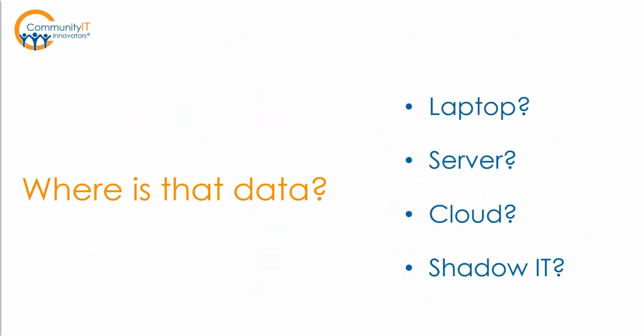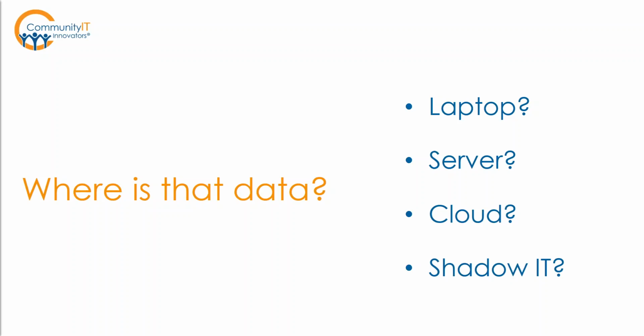Right. So it's not just what kinds of data are we keeping track of, but also where that data is stored. And I think in a perfect world, the data is either in a cloud service that is owned and managed by the organization, or on a server that is owned and operated by the organization. Obviously, there is data that has to be stored at least temporarily on laptops, and so thinking about what that means.